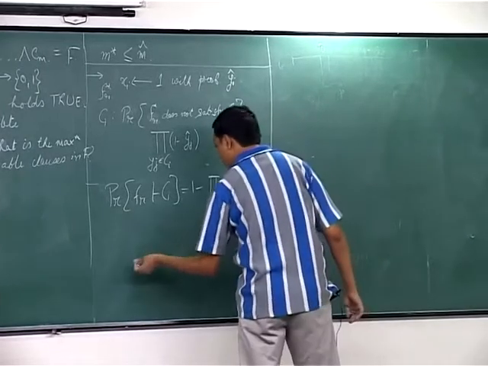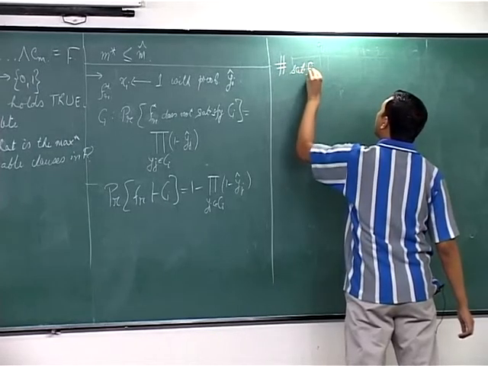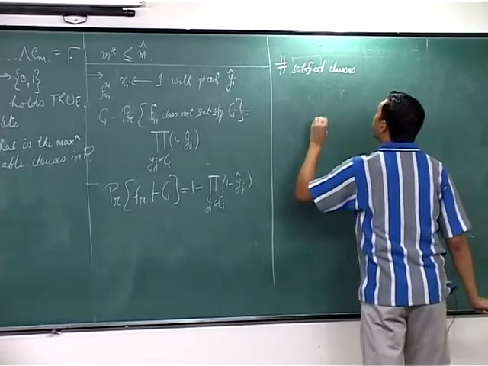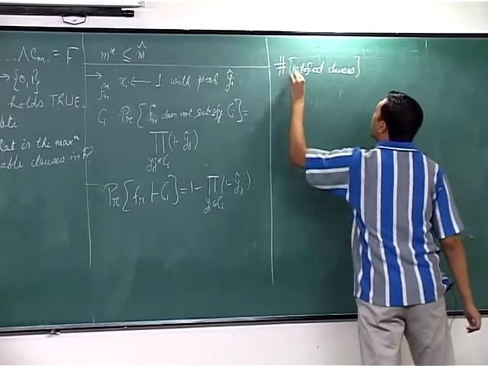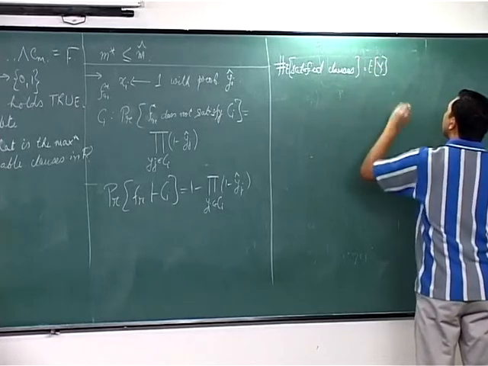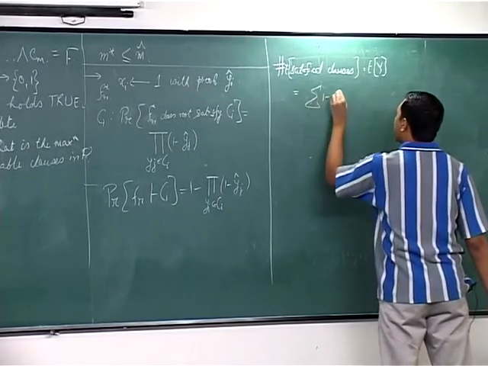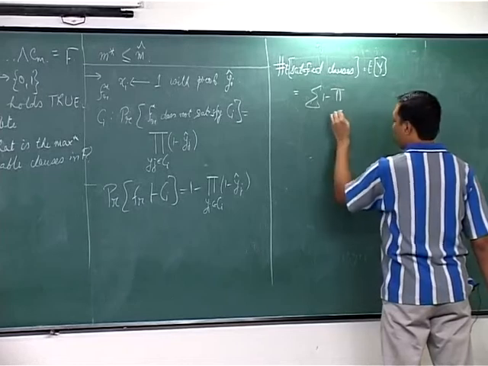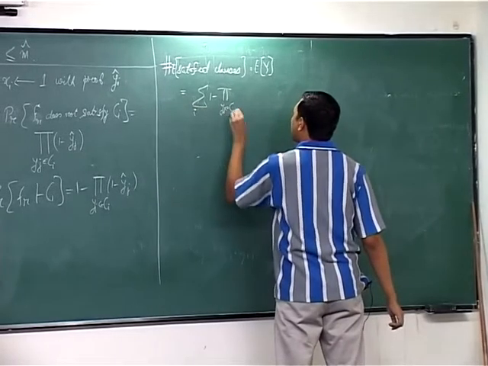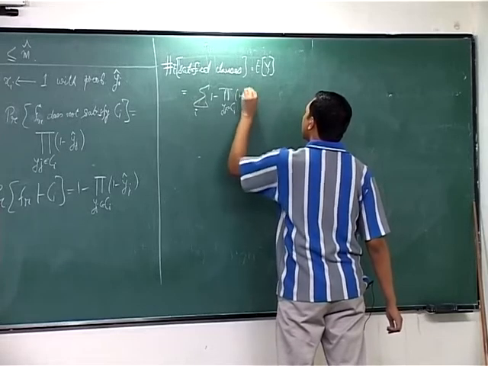The expected number of satisfied clauses, this is what I had, and this was something like this.